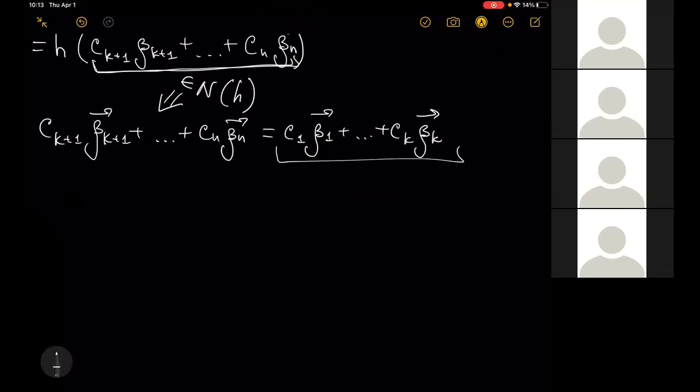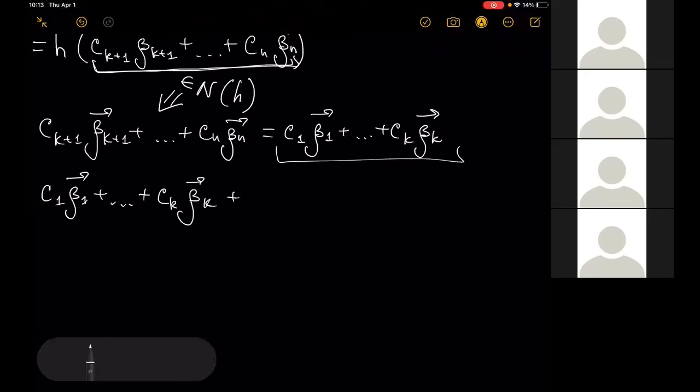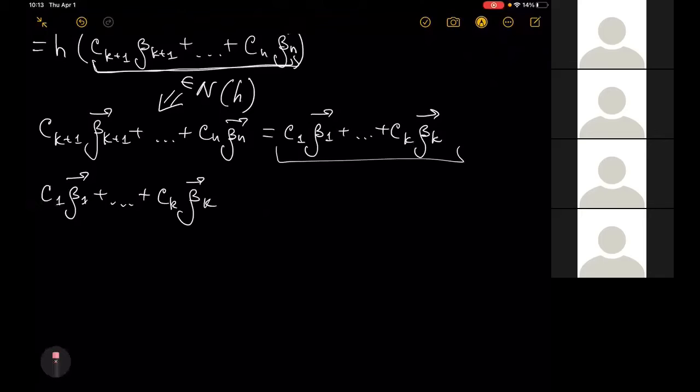Okay, how else can I write it? I can write it as C1 beta 1 plus and so on plus CK beta k, plus or minus, doesn't matter really. And all this is equal to the 0 vector, right?